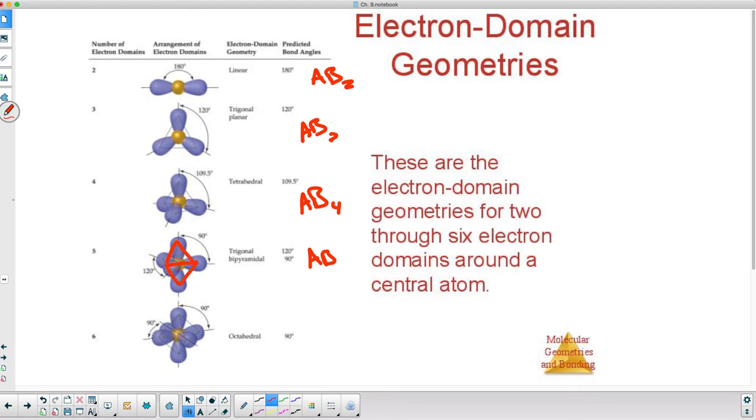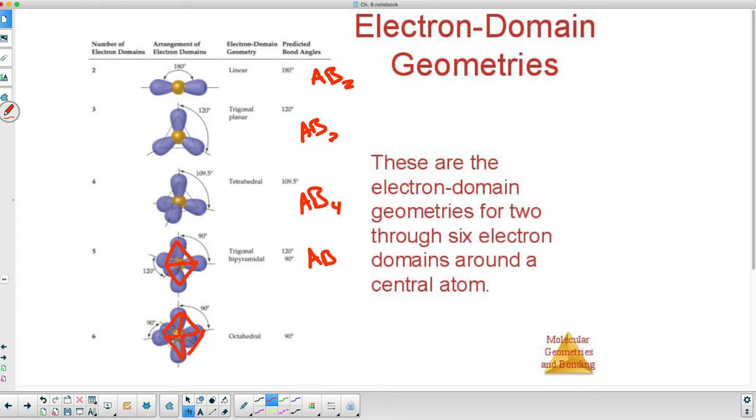And then octahedral is another way to say like an 8-sided die. It's basically a square pyramid, but there are 2 of them, so it would be square bipyramidal, but we just call it octahedral.